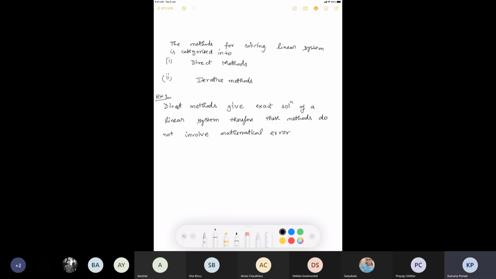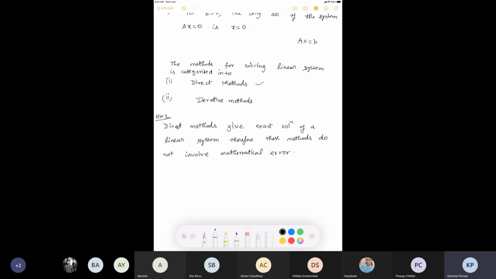So this is just a remark. Note that if you're using the computer to solve the system Ax is equal to b, and you apply one of the direct methods which we are going to discuss further, and you find the solution x using these methods, though it does not have any mathematical error, there might be some round off error present in the solution.